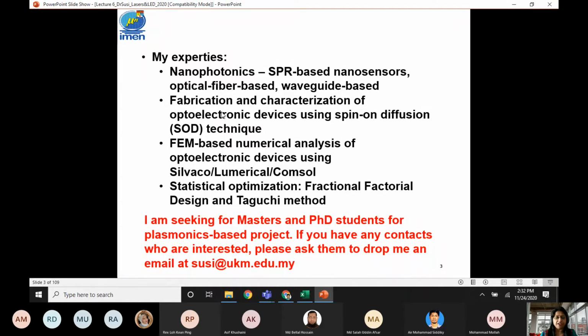Also in the fabrication and characterization of optoelectronic devices using spin-on diffusion. I also have expertise in finite element method-based numerical analysis, mainly using Silvaco, numerical, and also COMSOL. I also have experience using fractional factorial design and also Taguchi method.